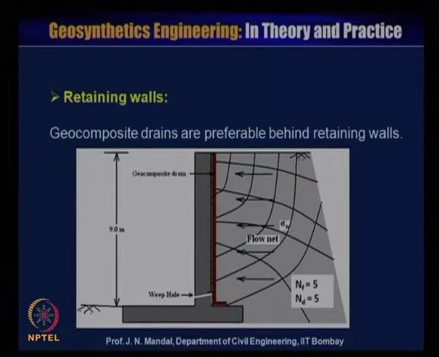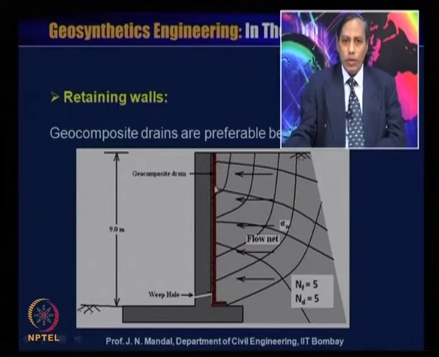Now, I will show how the geocomposite drains are used at the back of the retaining wall. These geocomposite drains are prefabricated. Here it is a 9-meter height wall, and water flows and passes through this geocomposite drain.